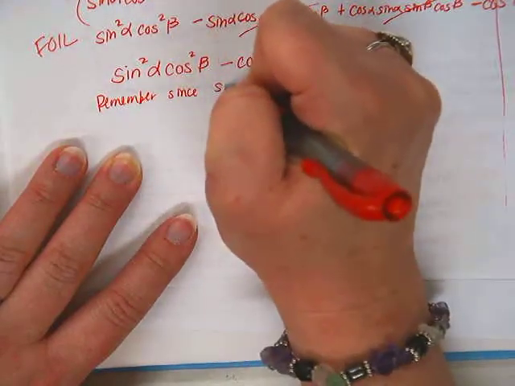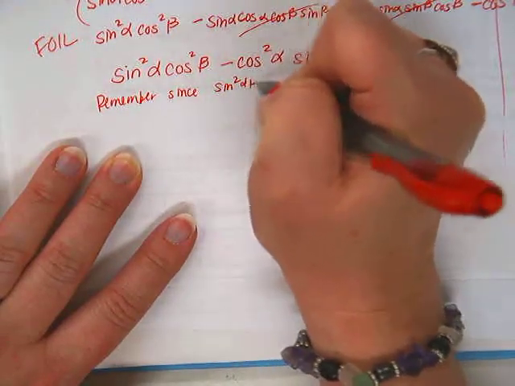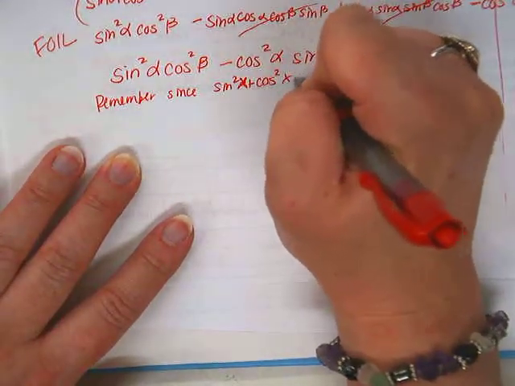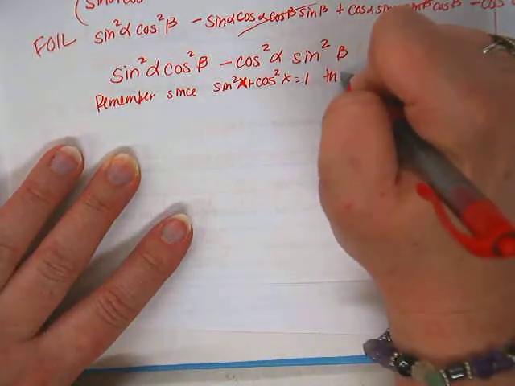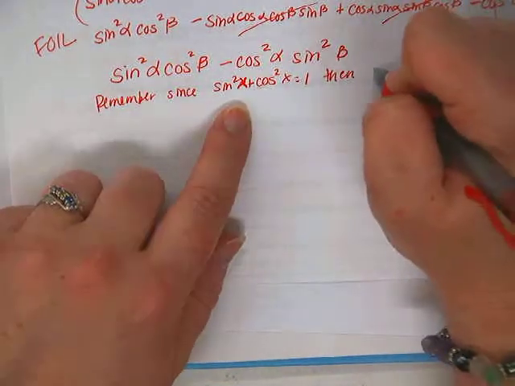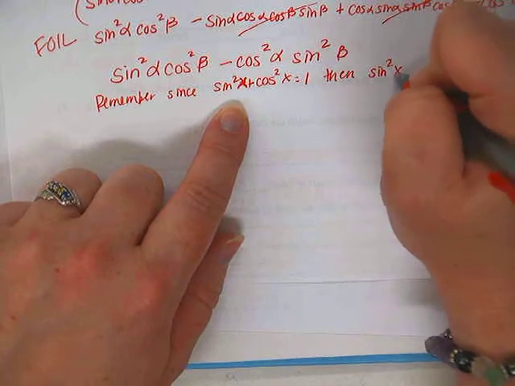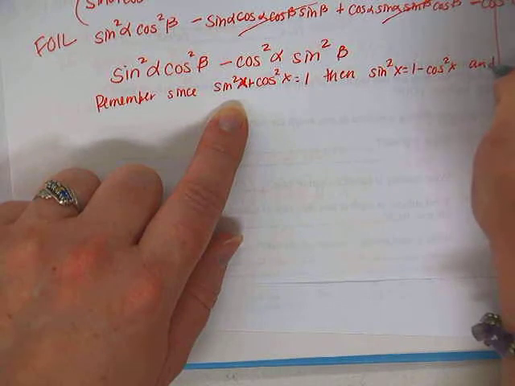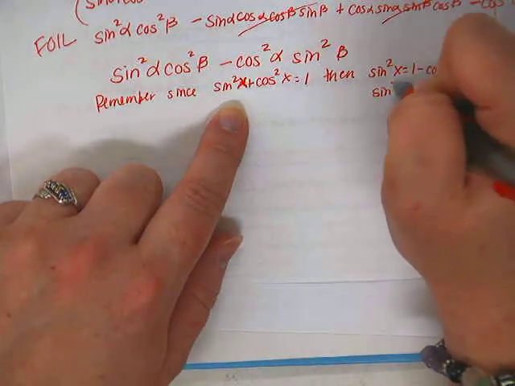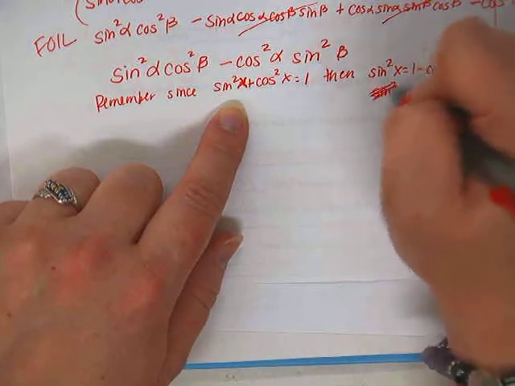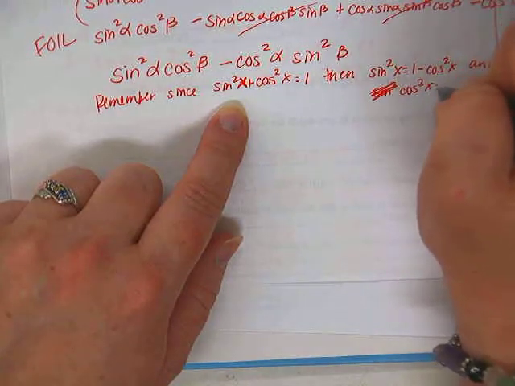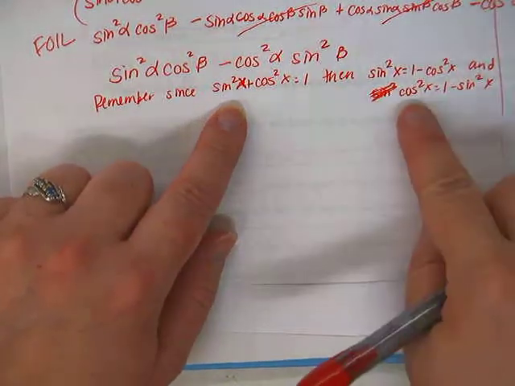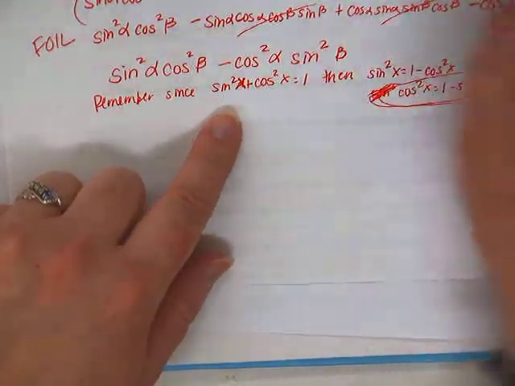We remembered that since sine squared alpha, or I'll just use an x so it's not alpha or beta, plus cosine squared x equals 1, that means that sine squared x equals 1 minus cosine squared x. And what was the other thing we used? Sine squared, wait, other way around. Cosine squared x equals 1 minus sine squared x, correct?